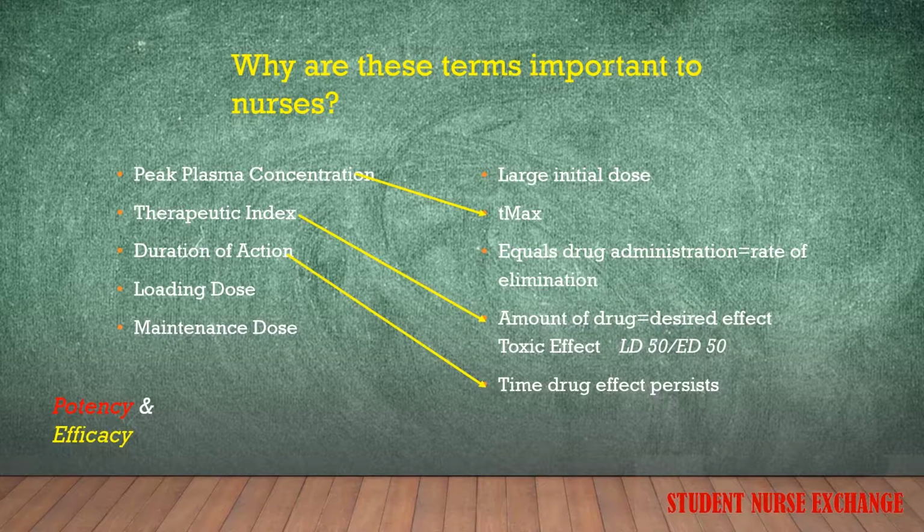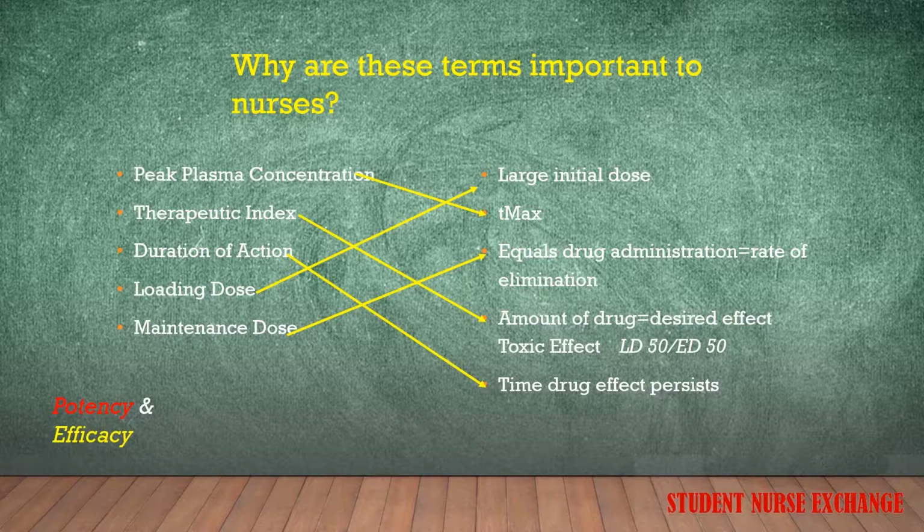Things like loading dose and maintenance dose. Loading dose is really a large initial dose of a medication. We want to get that blood concentration up quickly, so you give a higher first dose, and then you give a maintenance dose. So it's going to equal out.